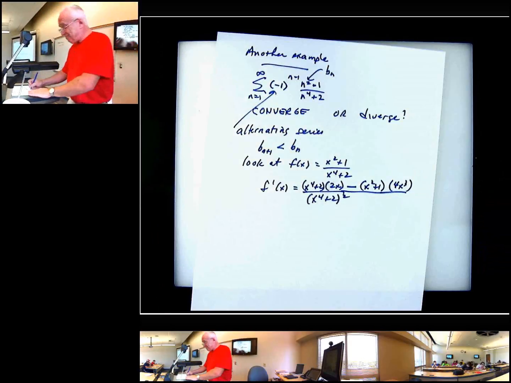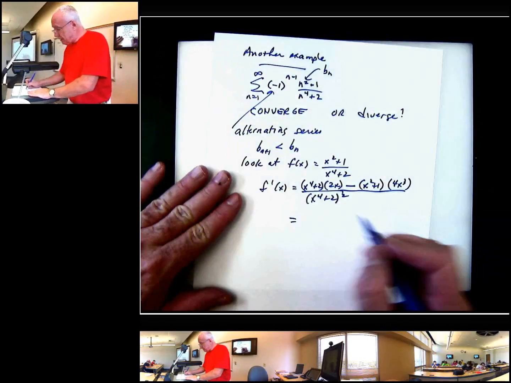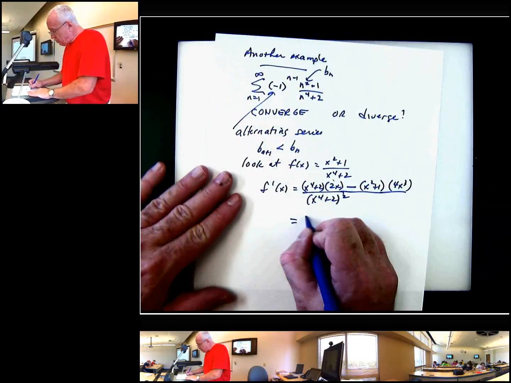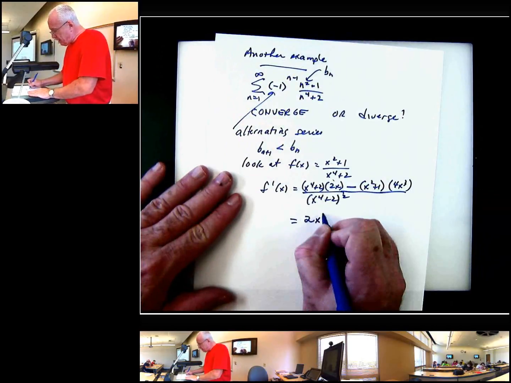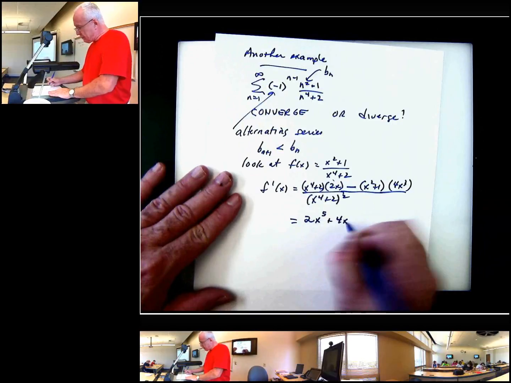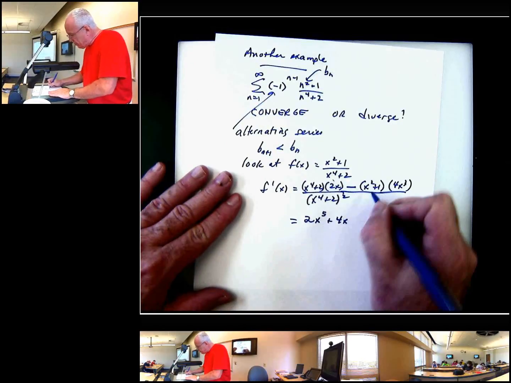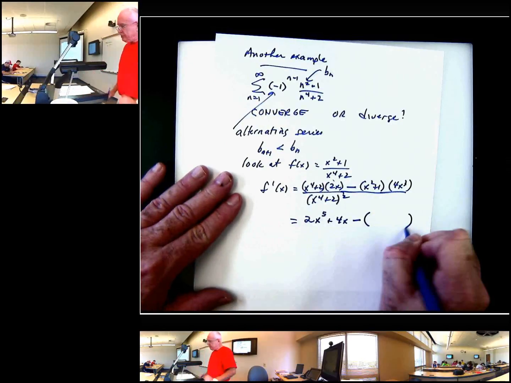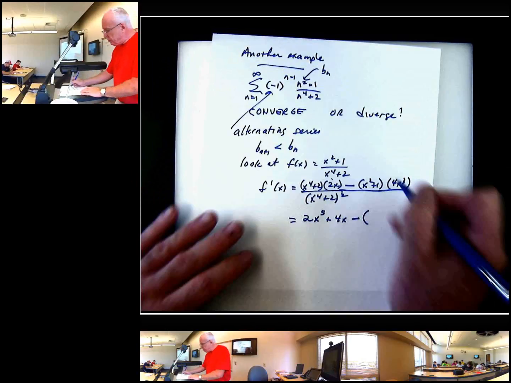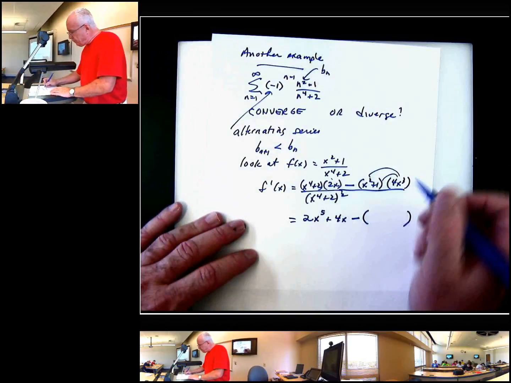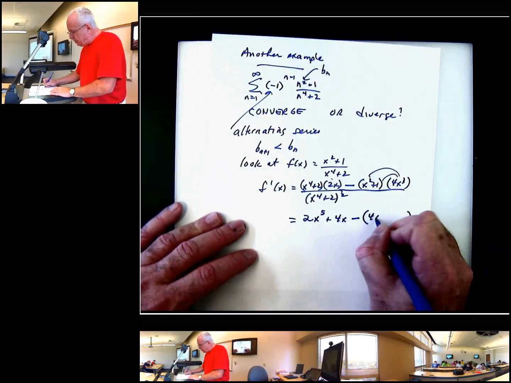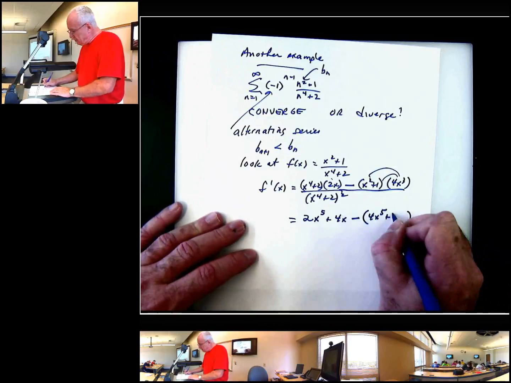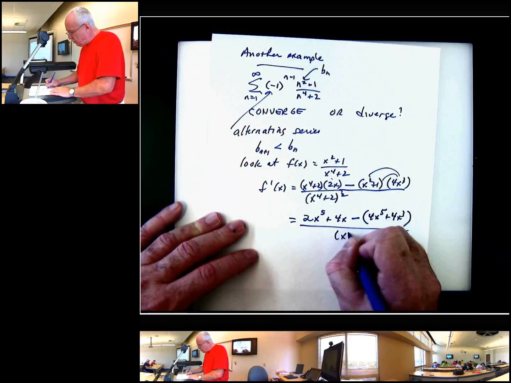And let's simplify the top here. Let's distribute some stuff. So we have 2x to the 5th plus 4x. And then we have minus, let me put a parenthesis here. Let's distribute here. This gives us 4x to the 5th plus 4x to the 3rd, all over my denominator.